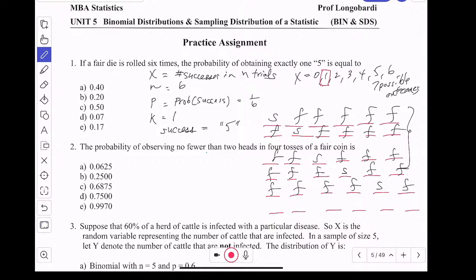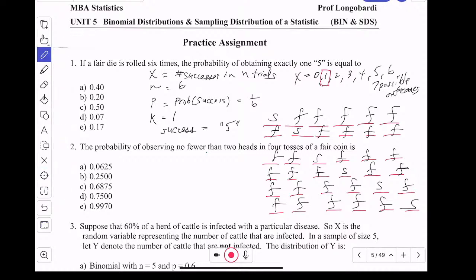Now you don't want to have to list this every time. There should be an easier way to be able to count the number of ways. And in fact, there is an easier way. So is everybody okay that they see there's 6 ways? Right. There's 6 ways of having 1 5. But we don't want to list this every time. So we have a trick.